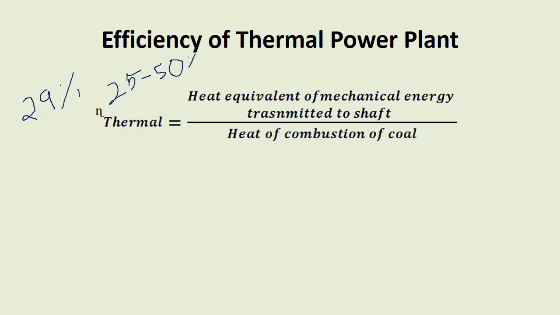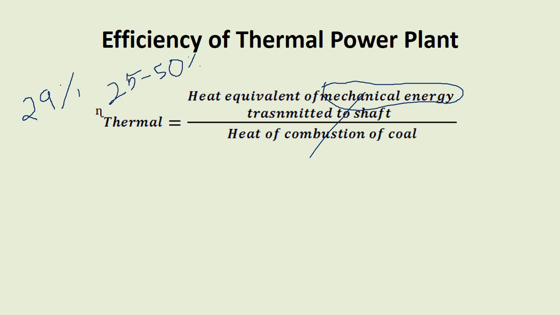Here we are talking about mechanical energy: the coal is converted into steam, which runs your turbine, going from the boiler to the turbine. We are not including the electrical part from the generator here.